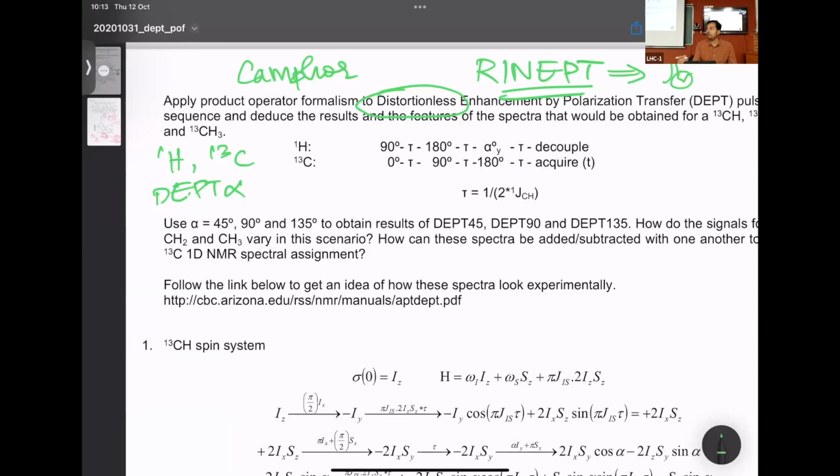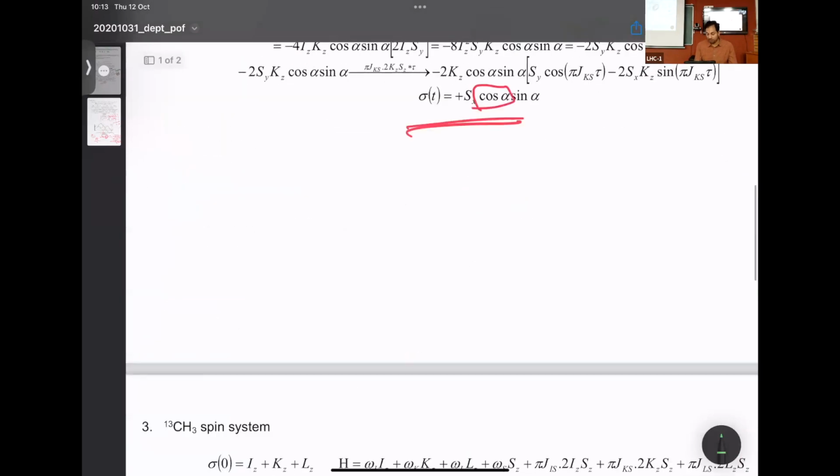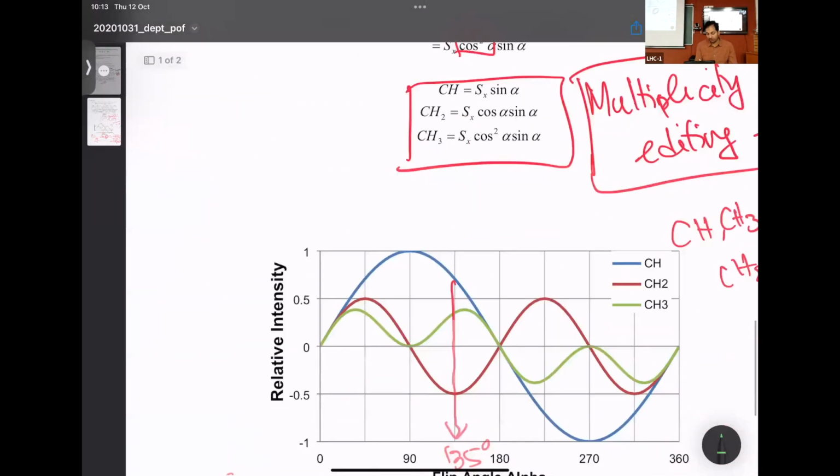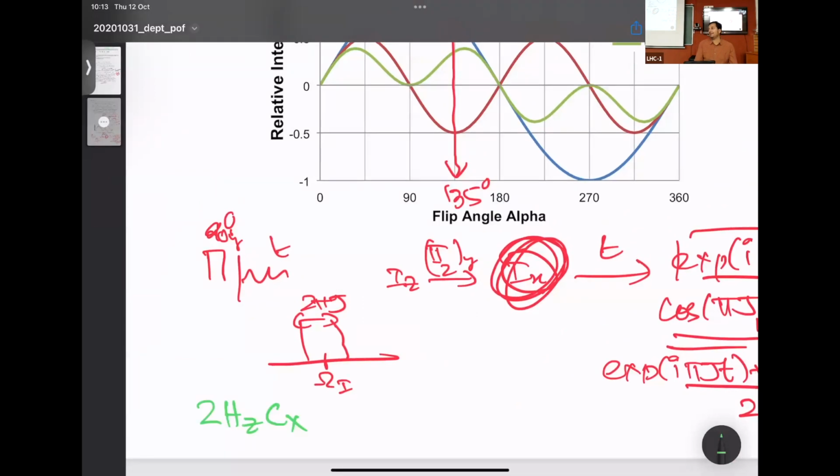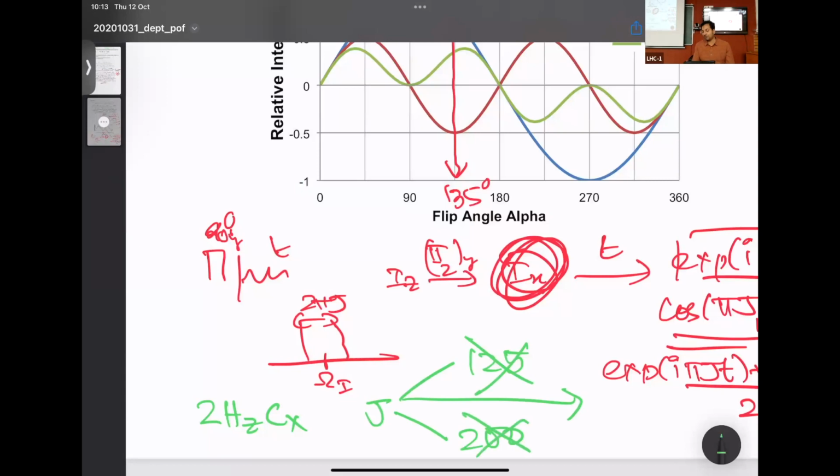Why does that happen? Because the term that is evolving will be of the kind 2HZCX, which will evolve with J coupling. Since J coupling spans a large range and you cannot satisfy all the ranges, you give something intermediate. When you give something intermediate, it neither satisfies 125 nor 200. Think about it.